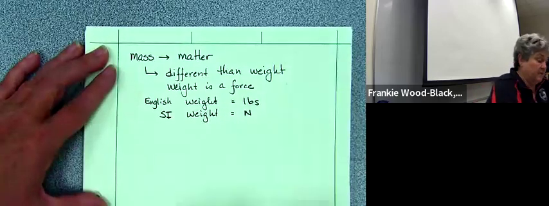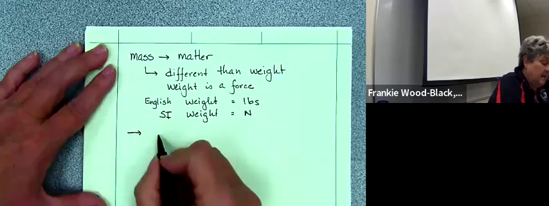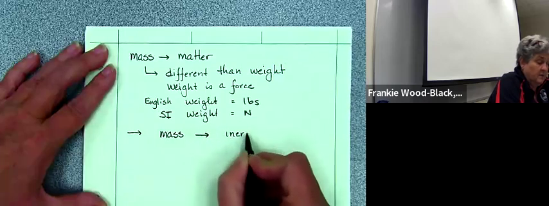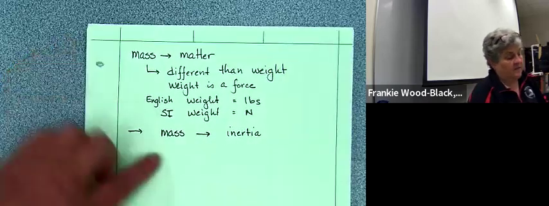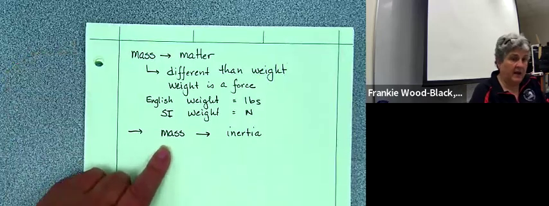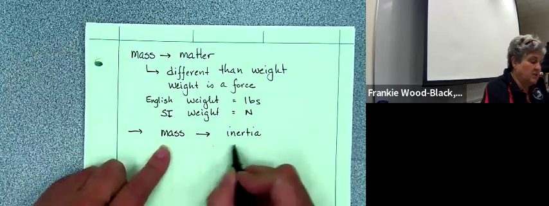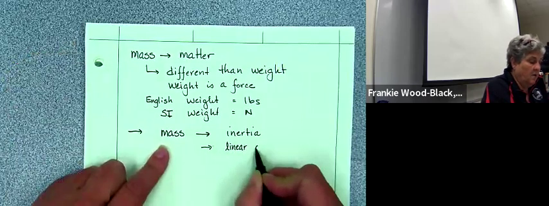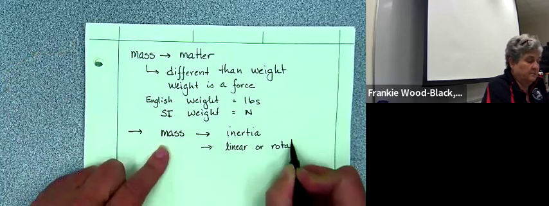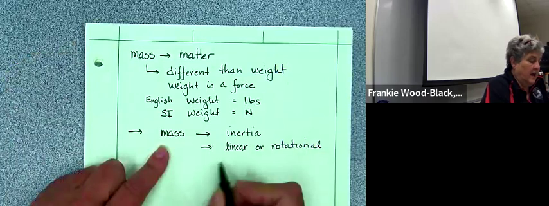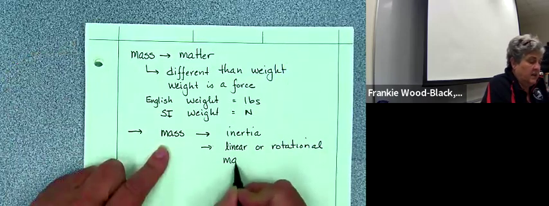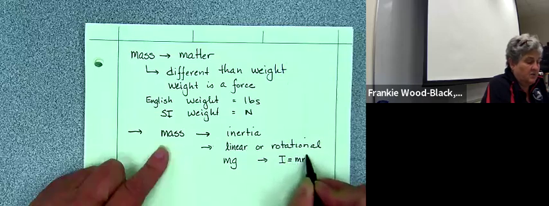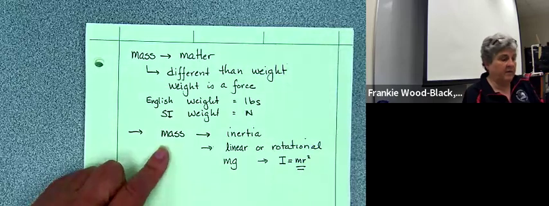But my mass, what we've seen so far, is that mass is related to inertia. The bigger the mass, the more force I have to apply to get it to move. But this inertia also can be linear or rotational. And that gave me my weight as mg. This gave me my moment of inertia, which is going to be my mass times r squared, depending on how I was doing that.